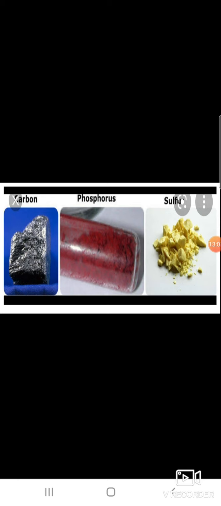Oxygen, hydrogen and chlorine are gases at room temperature. Carbon, iodine, sulfur and phosphorus are solids at room temperature.